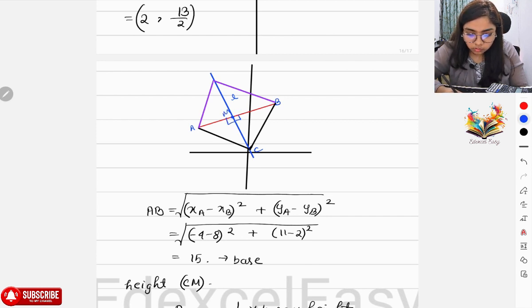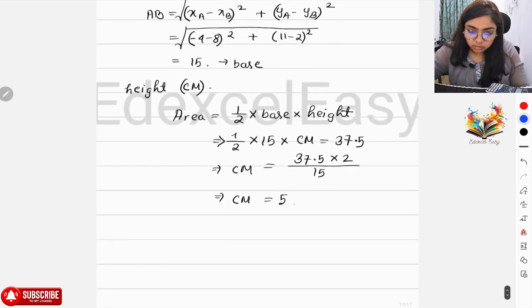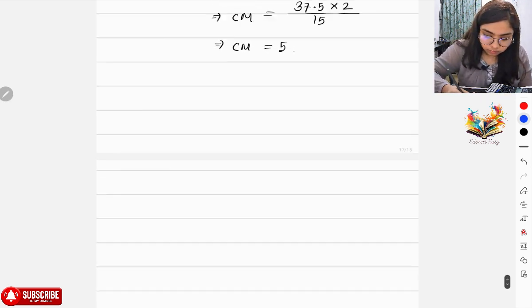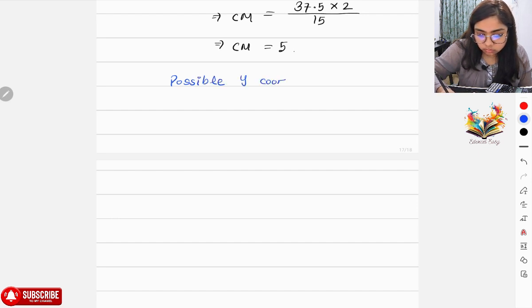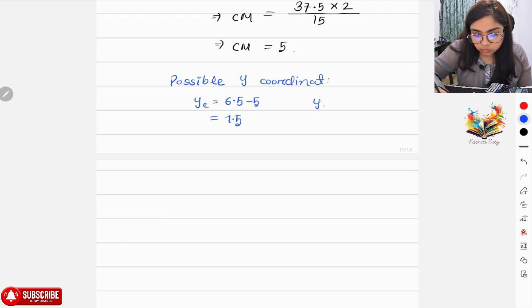This was your M. Now either this is your possible value for C or this is a possible value for C. So for that case, the y coordinate over here is going to be 5 plus or minus the y coordinate of M. So it's just going to be YC. One would be 6.5 minus 5, that would be 1.5. Another would be YC is 6.5 plus 5, which would be 11.5.